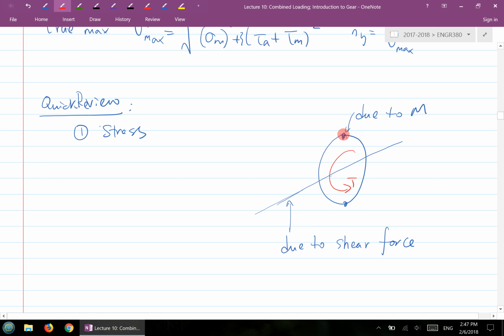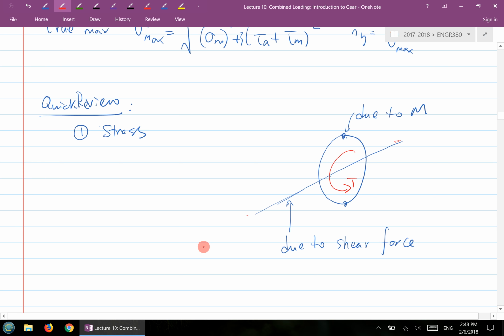So that basically brings us to examples. I have identified to you that if you have a question like a shaft, the critical locations are typically at this location, caused by the bending moment, because they tend to be more critical than the stress caused by the shear force, which is this location here.